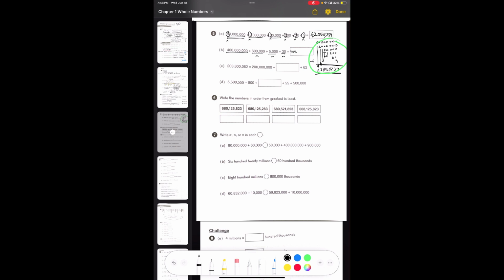So we just write 400 here. 600,000. So we're going to write 60, but we are not going to put 0 here because we have another number in the thousands. We have 5,000. So we have a 5 here, comma, and then 0, 3, 0.